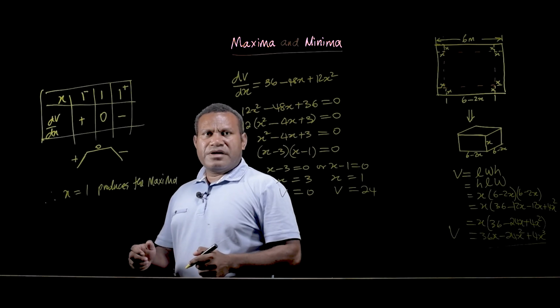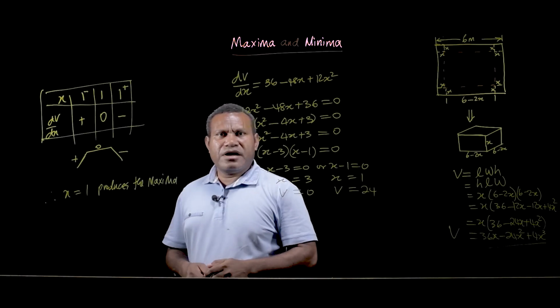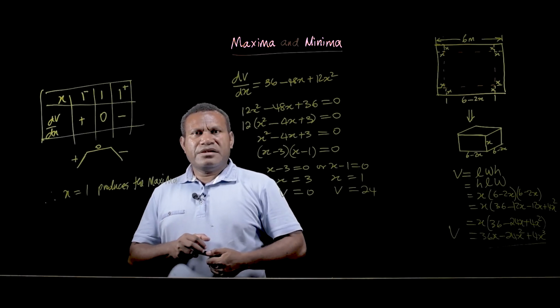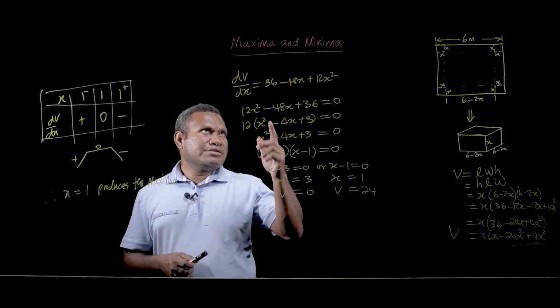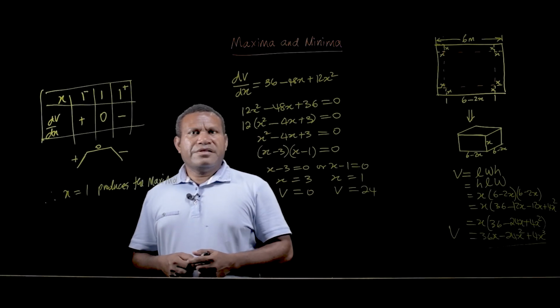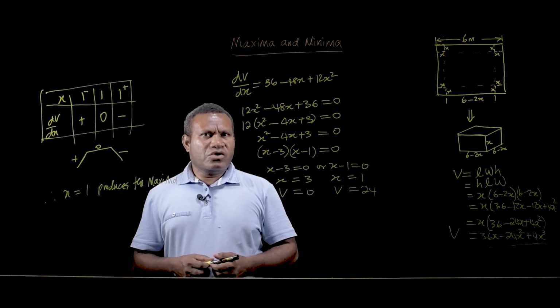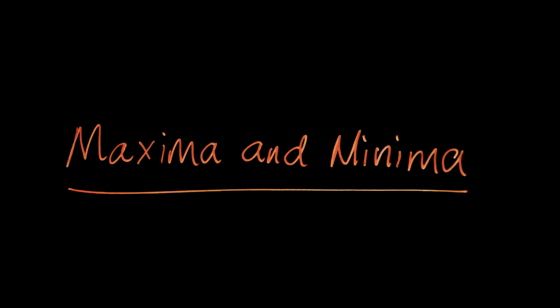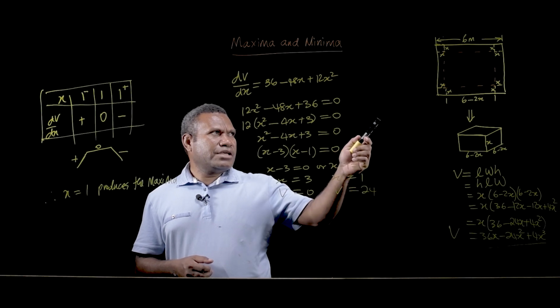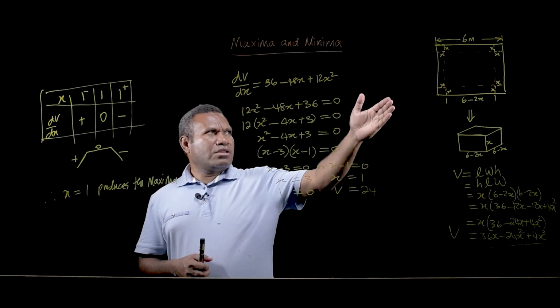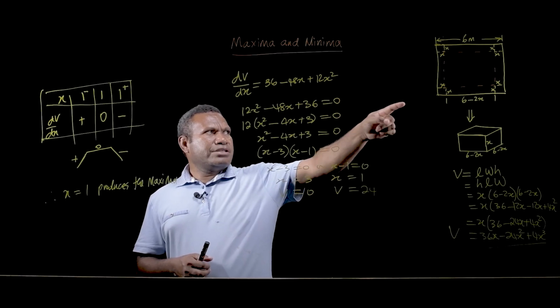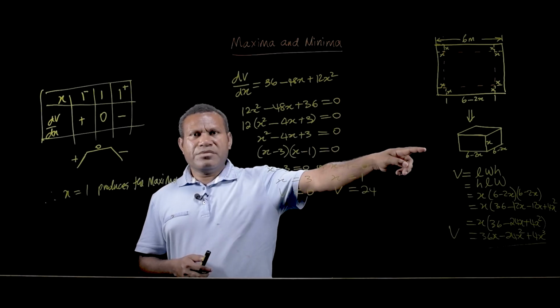All right, so what we have actually learned is we apply the idea of the derivative and the nature of turning points to calculate the maxima and minima. And again, the maxima and minima are actually y coordinates of the turning points. Right, so what we have done is we have looked at this example. We have a square metal sheet, and then we cut out a square from its corner, and we form a tank.